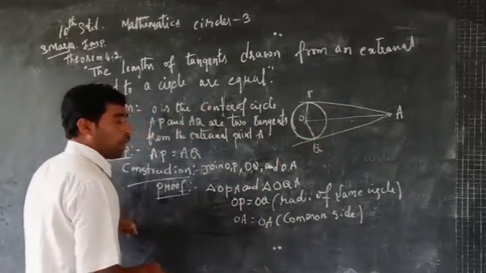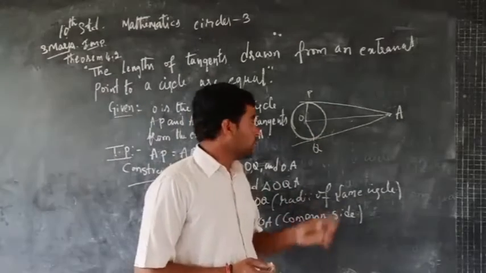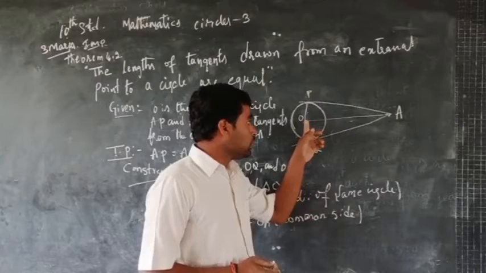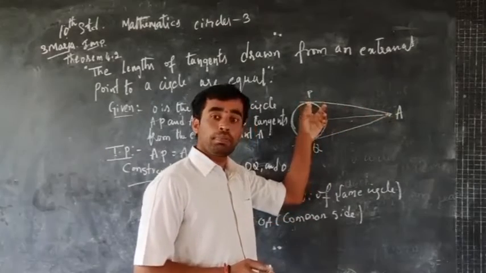Already we have discussed in theorem 4.1 that the radius is perpendicular to the tangent at the point of contact.